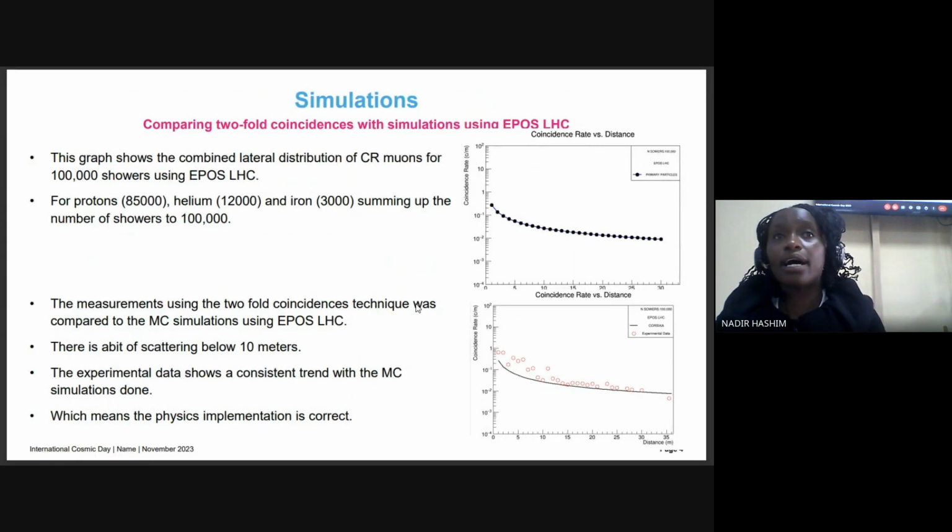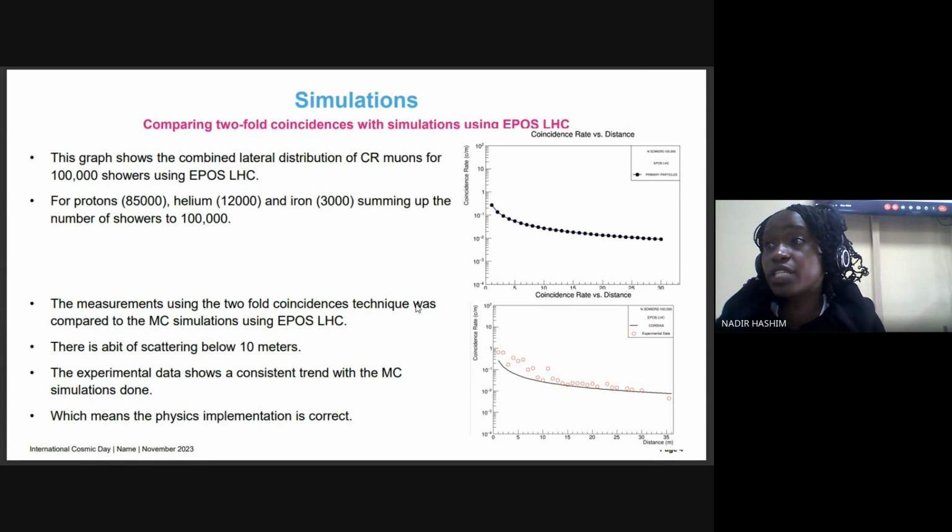Then we have done simulations. You have different models that you can use for the simulations. Particularly, I have used Apple's LHC. A colleague has used DPMJET. He's called Samuel Bolochege.